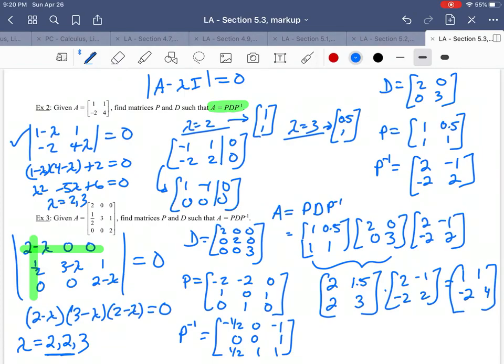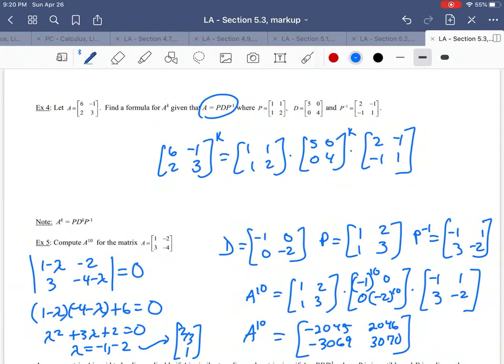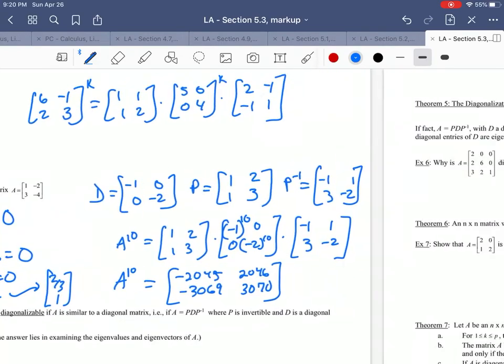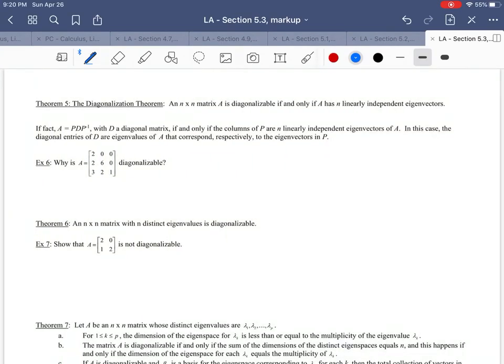And so it is either or. So if something's going to be diagonalizable, it has to actually be the max, because you have to have enough vectors to fit into your P matrix. Okay, all right.